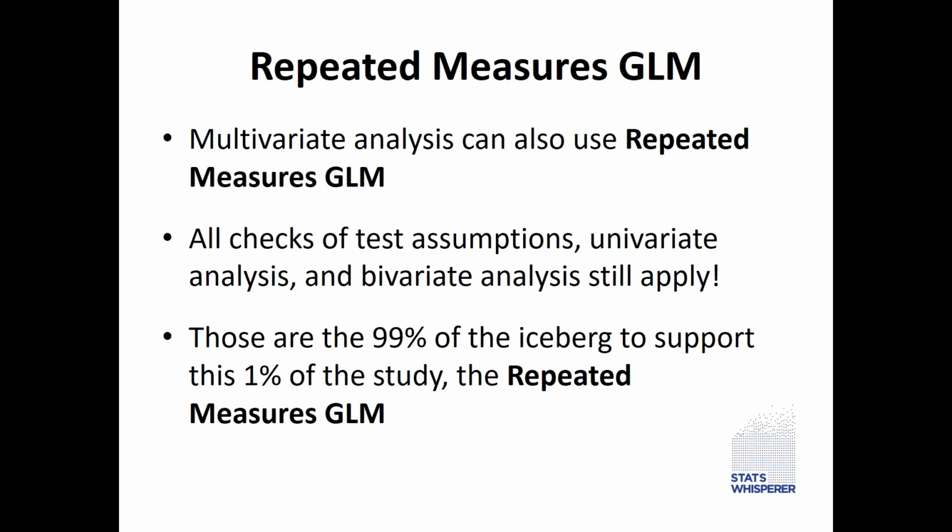So basically everything up to the bivariate would be pretty much the same, just for the multivariate, you would substitute the GLM for the regression model. Now again, as our iceberg example states, that's the 99% underneath. This is the 1% of the study, the repeated measures GLM that will actually display the payload, the results.